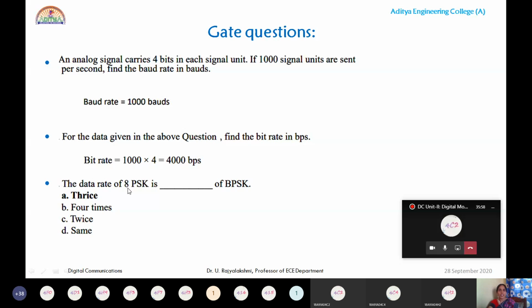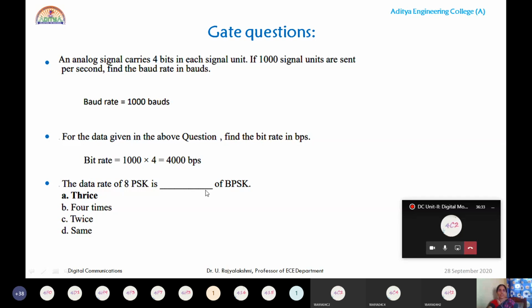For 8-ary, n will be 3 because 3 bits are grouped, so n into Fs will be 3Fs. For BPSK, the data rate is only Fs. So 3Fs is thrice that of Fs. That's why the data rate of 8-ary PSK is thrice that of BPSK, because here n is 3 and in BPSK n is 1.